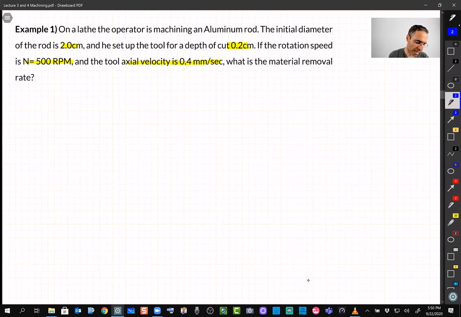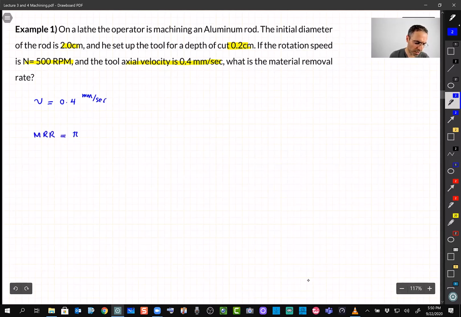So here we have V. Let me write it down over here. So we have V, 0.4 millimeter per second. We have N, so I can write MRR.